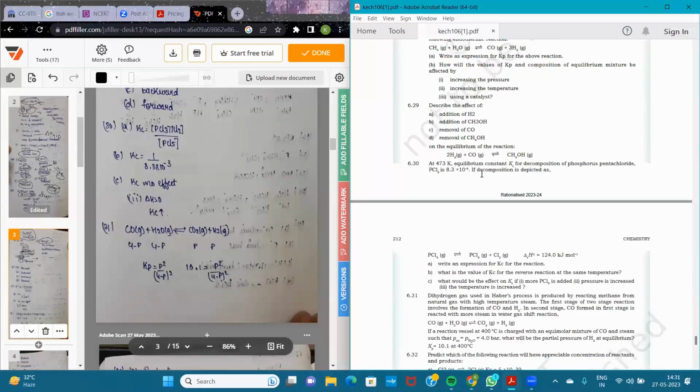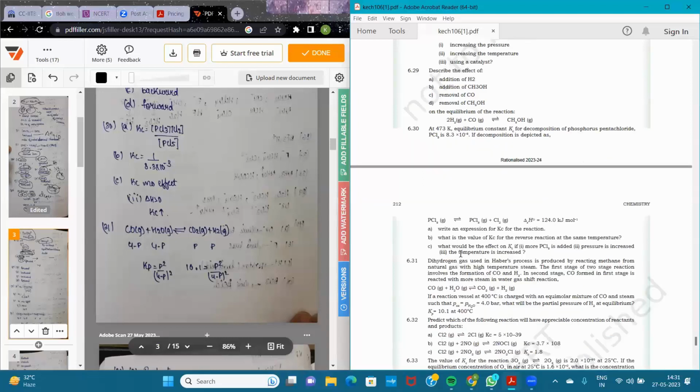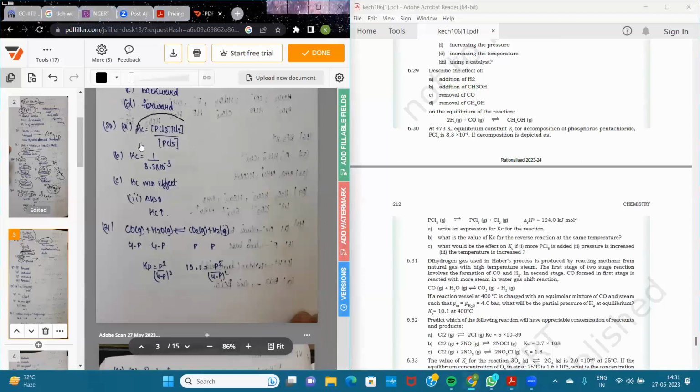At 473 Kelvin, equilibrium constant Kc for decomposition of phosphorus pentachloride PCl5 is 8.3 into 10 power minus 3. Decomposition is depicted as they gave the reaction as well as the delta H naught. Write an expression for Kc for the reaction. Here, Kc is directly we can write concentration of PCl3 into concentration of Cl2 by concentration of PCl5.